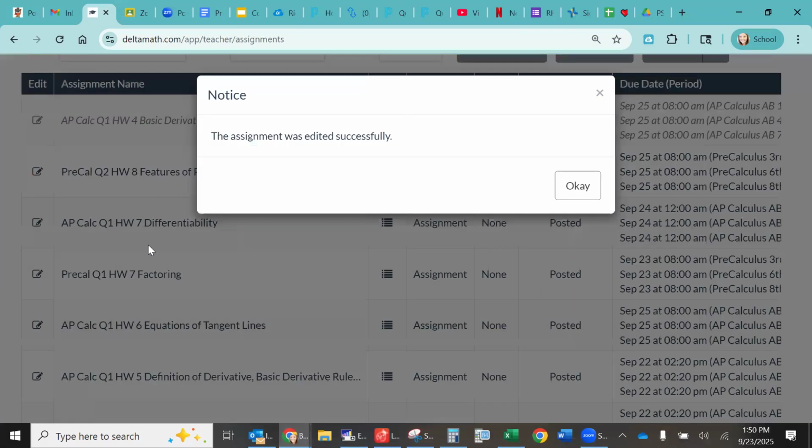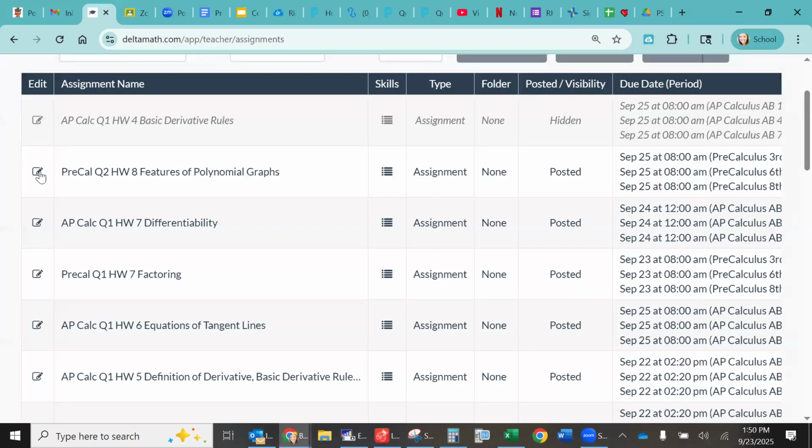All right, your homework should be unhidden. If you got in it before me, you probably couldn't see it, but it should be unhidden now.